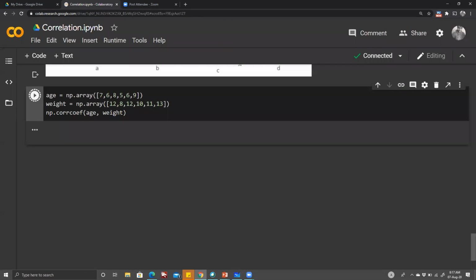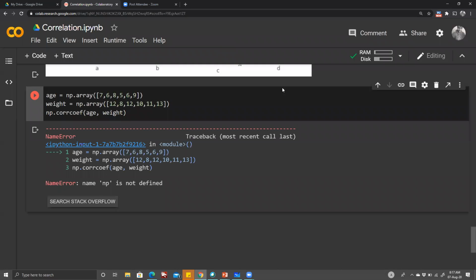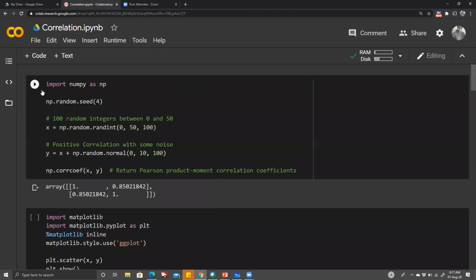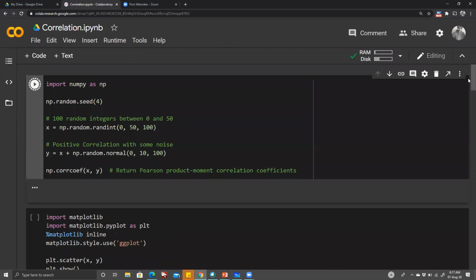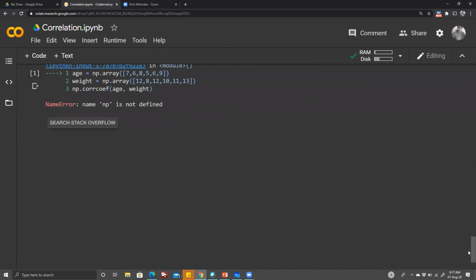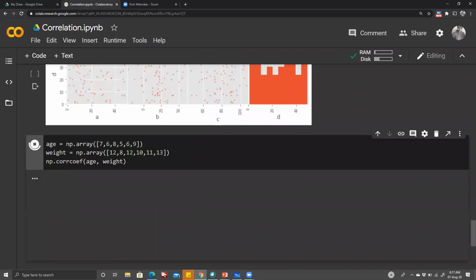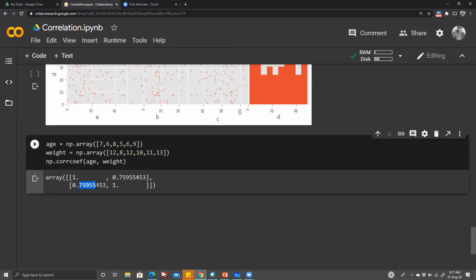If you run this, just feeding those same values in age and weight and calculating the correlation coefficient, you get 0.75955. So whoever is getting something like 0.7573, you are getting the right answer. Okay.